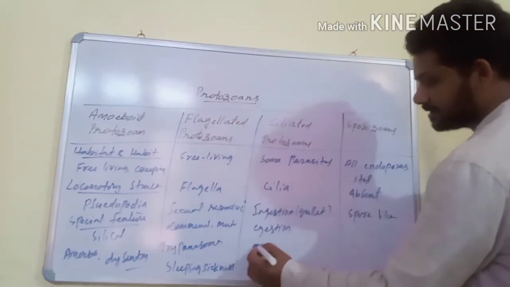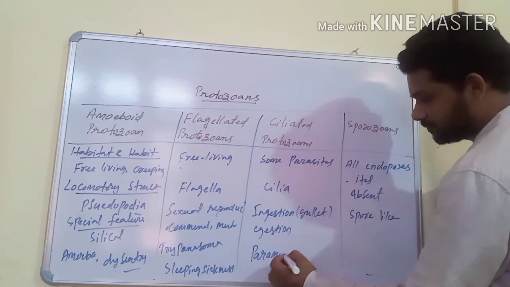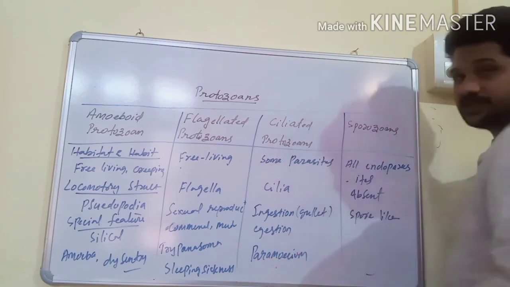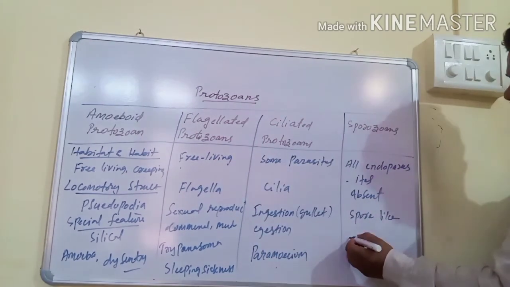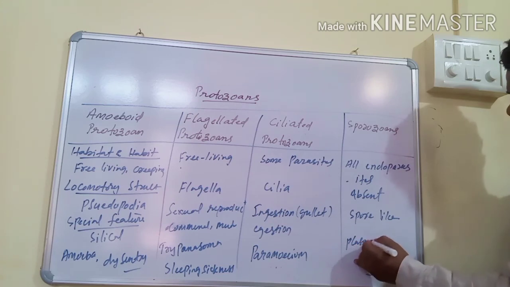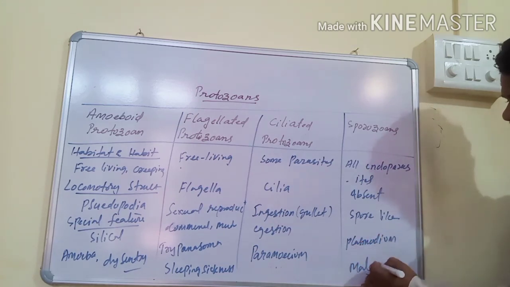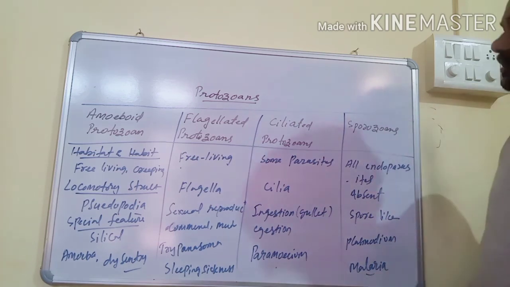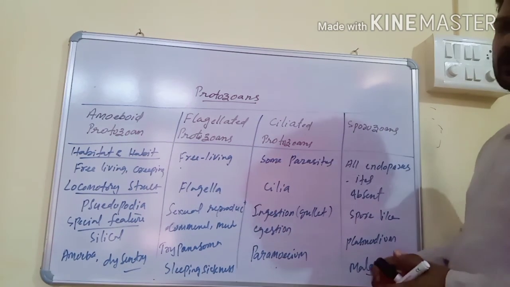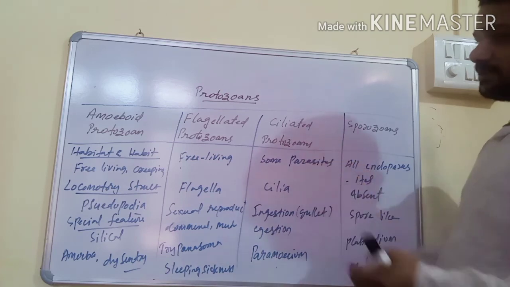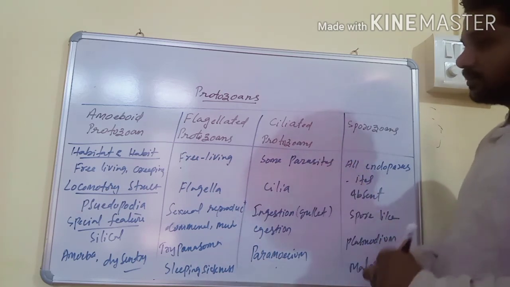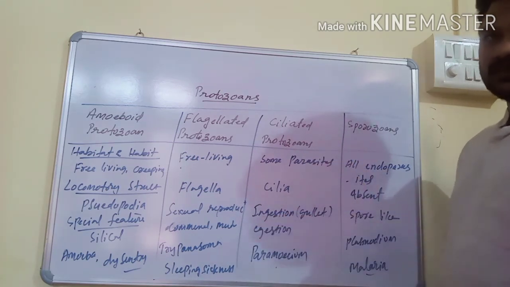Here this is Paramecium, which causes a number of diseases in both plants and animals. Here it is Plasmodium, and Plasmodium species cause malarial disease in human beings. So these are the 4 categories of protozoans, with some special features, habitat, locomotory organelles, and some of the diseases they cause.